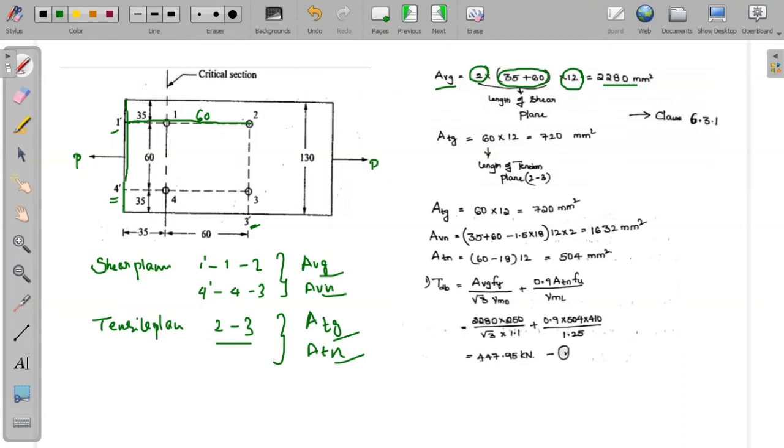So for the same planes here, now I am trying to find out the net area. Avn, the net area of the shear plane.